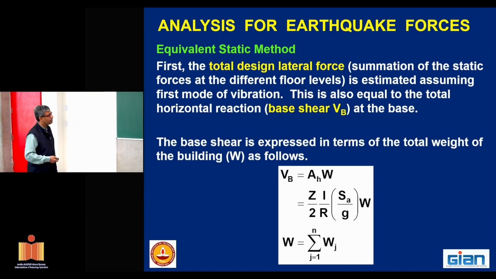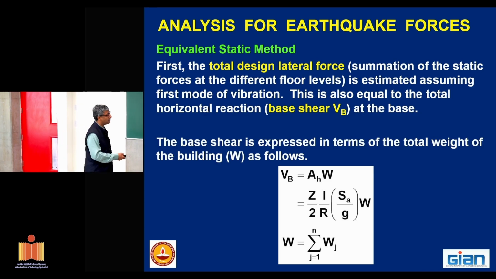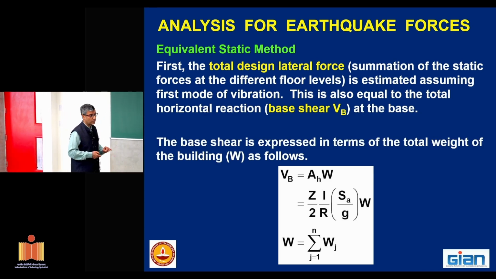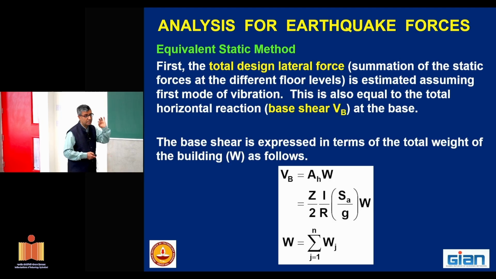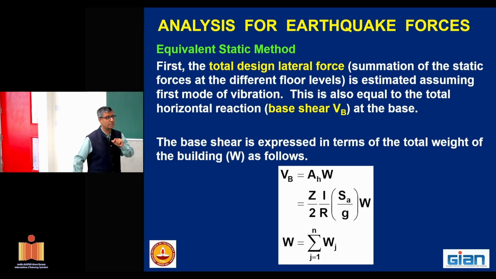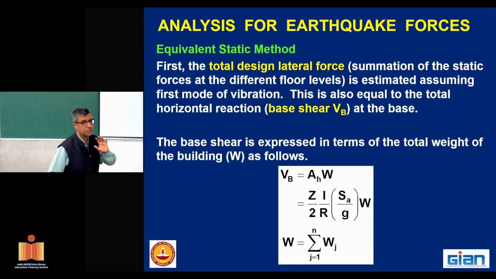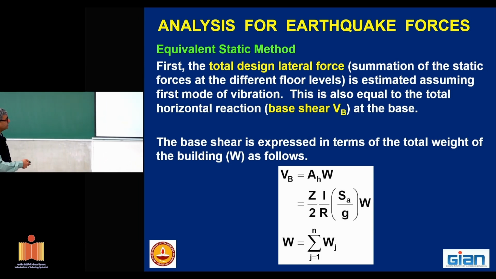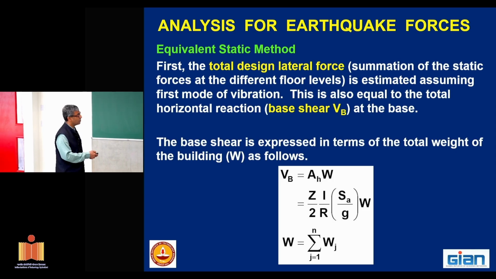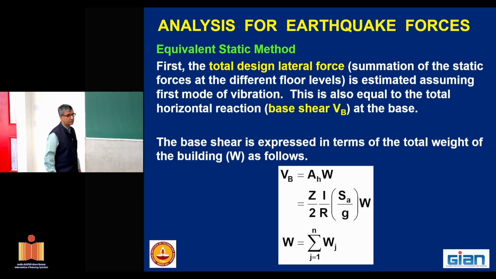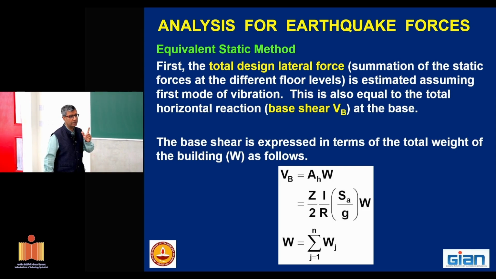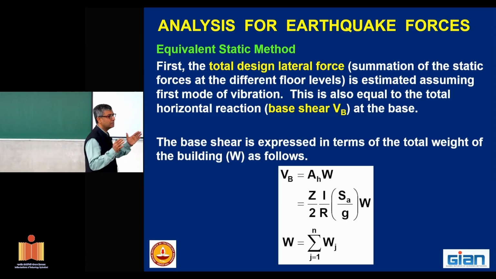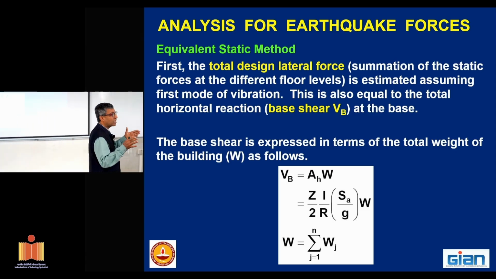Now the equivalent static method, the way I am following it as per the 2016 code, because the 2025 code is yet to percolate down. The way the static forces are computed is that first we compute the summation of these lateral forces, which is called the base shear. Okay. The base shear is given as a certain coefficient times the weight of the building. Now please note, this is another difference with wind. In wind, the major aspect is the effective area of obstruction.